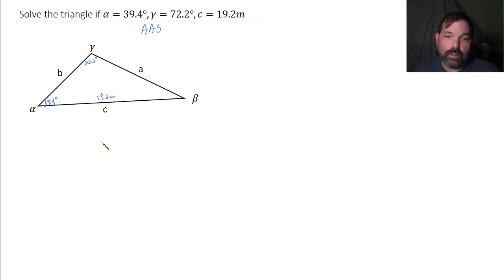Well, really we start usually by finding the third angle. So let's find beta. So it would be 180 degrees, subtract the 39.4 degrees, subtract the 72.2 degrees.